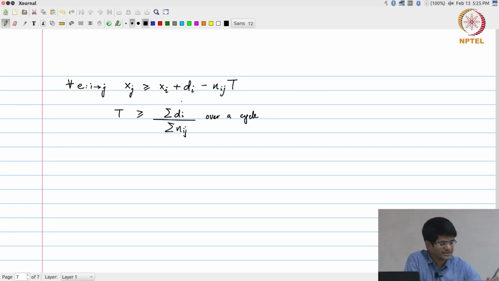The di is essentially the total execution delay through the cycle, and the sigma nij is the total number of token delays in the cycle.